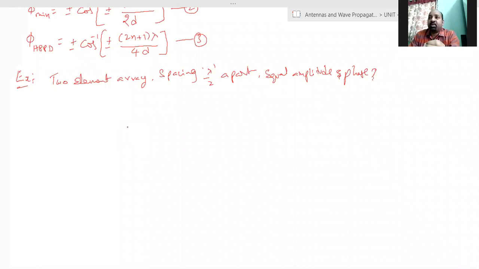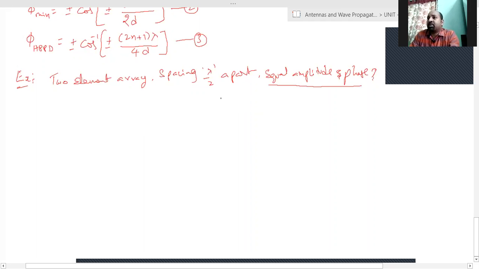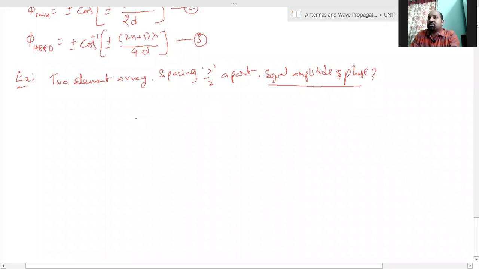And sometimes they will ask you to draw the radiation pattern of a two element array spaced lambda by 2 apart with equal excitations, equal amplitude and equal phase. That is the problem you will get. So spacing is lambda by 2, equal amplitude, equal phase.